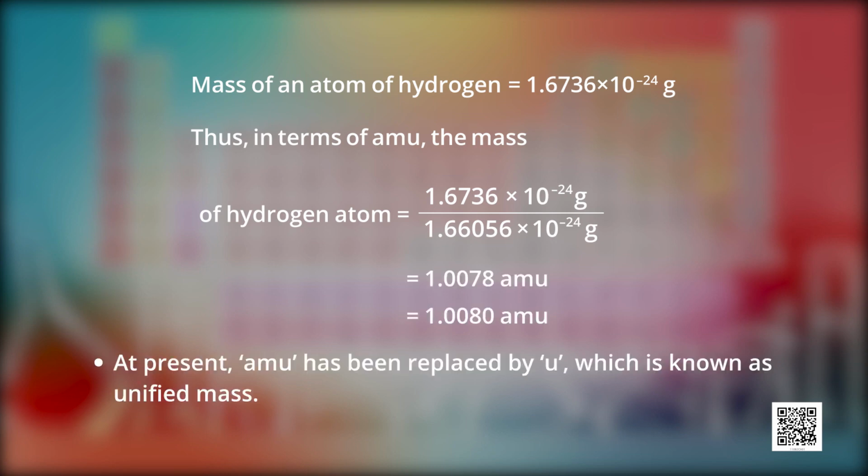So we will divide the mass of an atom of hydrogen given in gram by this unit, and we will get 1.0078 AMU, or 1.0080 AMU, as the mass of hydrogen. At present, AMU has been replaced by u, which is known as unified mass.